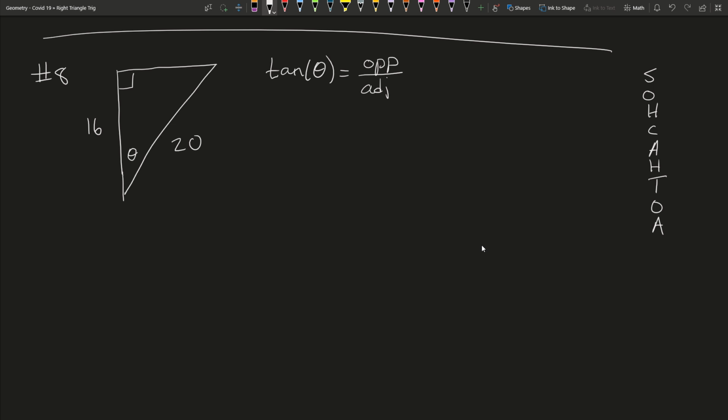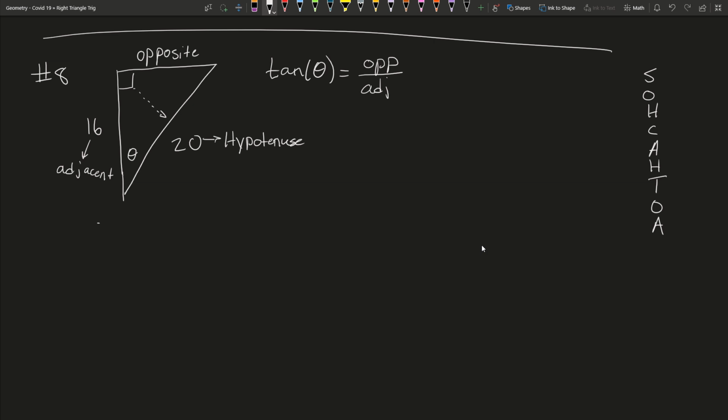And on this triangle, we're given the hypotenuse and the adjacent side. So we don't have the opposite. So we need to solve for the opposite.